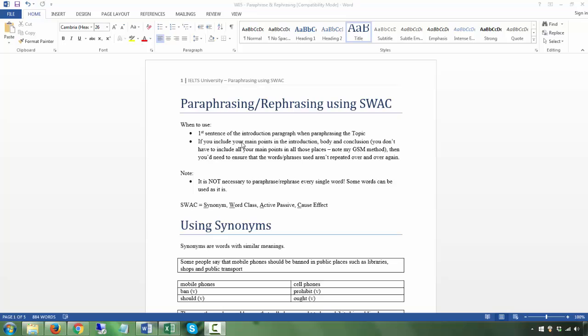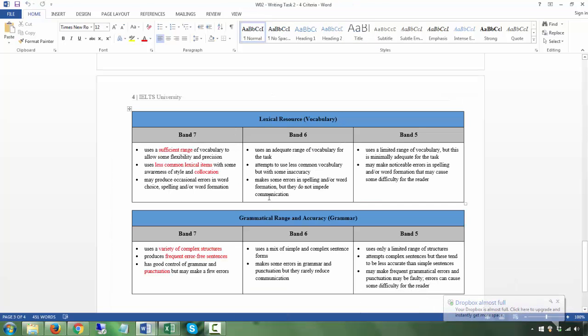One criteria of the writing task that you will be evaluated on is vocabulary, lexical resource, and to get band 7, you would need to use a sufficient range, band 8 adequate range.